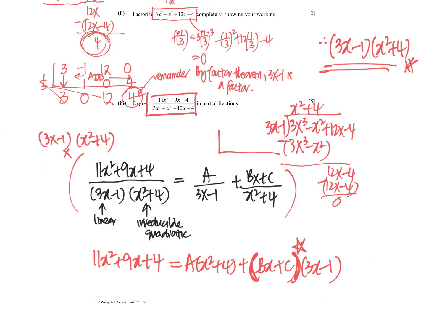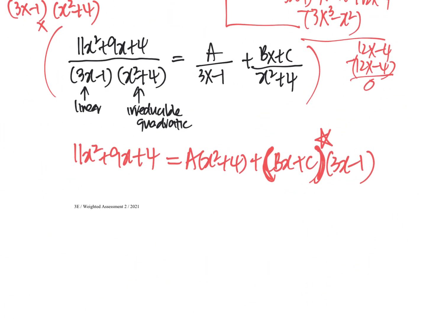Okay, so now I want to solve for my unknown, right? You can mix and match what you want. You can, in fact, sub x as 1/3, and this one will disappear. So you will get 4 and 9.